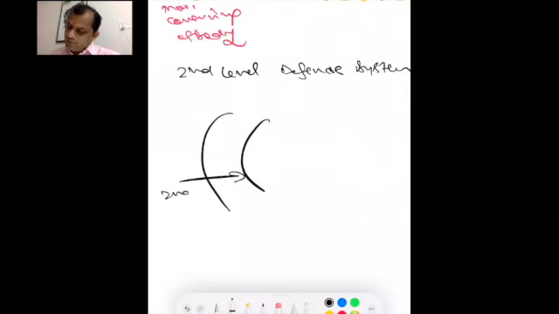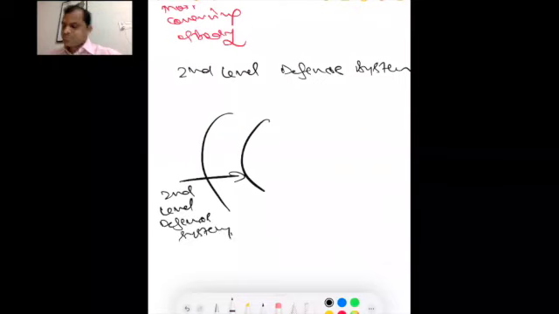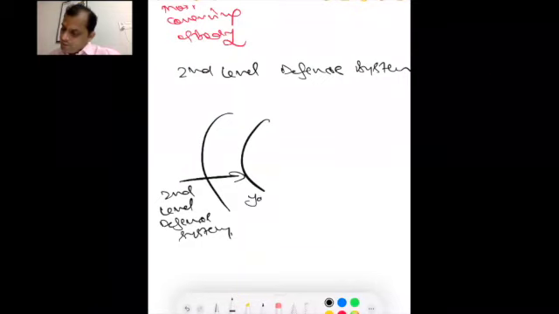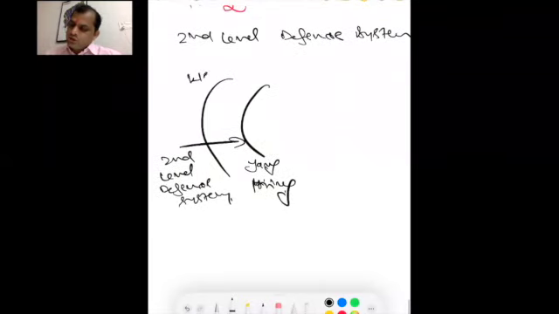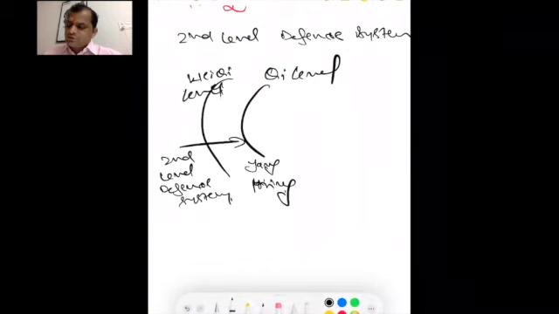Now the second level defense system is made by Yang Ming. And we are telling it, first we are telling Wei, and second we are telling Qi level. Wei means the outermost covering in between the skin and muscles, just below the skin.